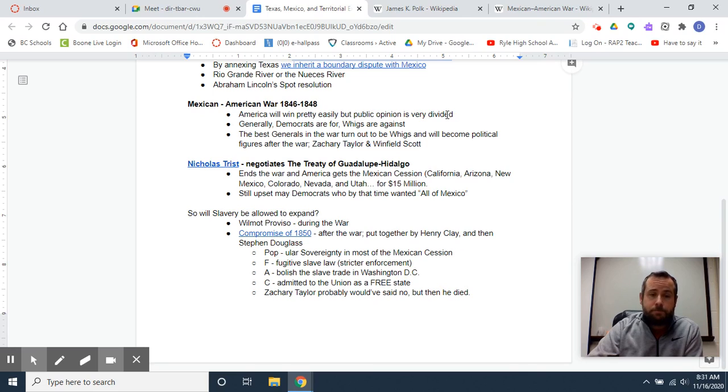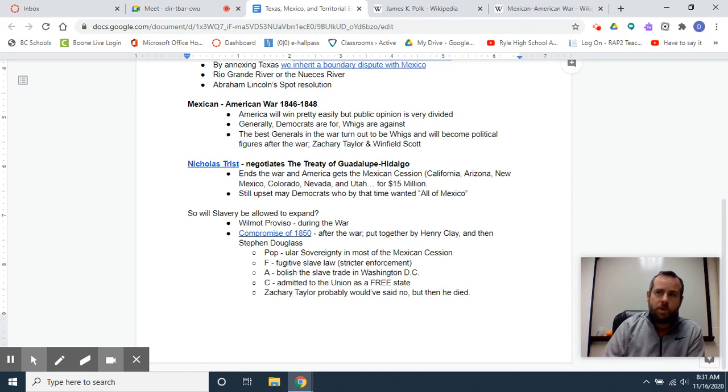Public opinion is very divided. Generally, Democrats are for and Whigs are against. The irony is the best generals in the war were Whigs. Zachary Taylor, his nickname was Old Rough and Ready, and Winfield Scott, his nickname was Old Fuss and Feathers. These are the lead generals in the war, but they're both of a Whig ideology.